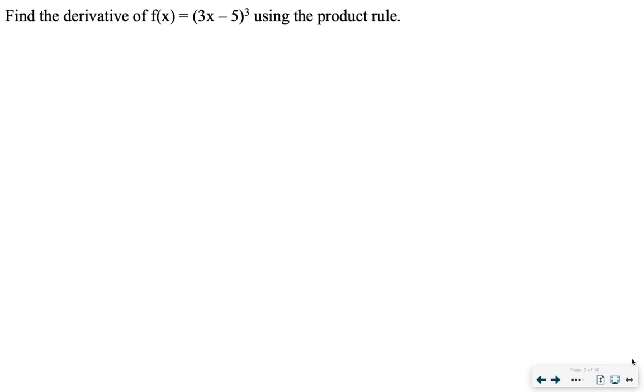Okay, let's also refresh our mind a little bit about our product rule. So if I want to find the derivative of f of x using the product rule, we're remembering that my f of x is 3x minus 5 all cubed. Okay, well that looks like 3x minus 5 times 3x minus 5 times 3x minus 5.